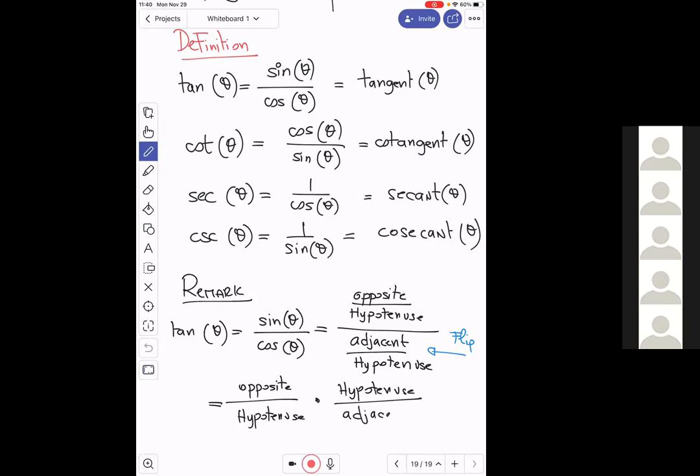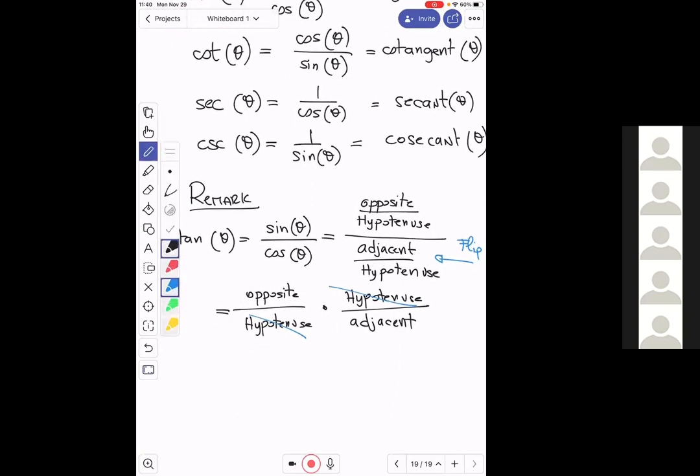And then as you can see, the hypotenuse cancels out. You have hypotenuse in the top, hypotenuse in the denominator, so your tangent is just, as you said, the opposite side over the adjacent side. So it's just a consequence of the definitions.